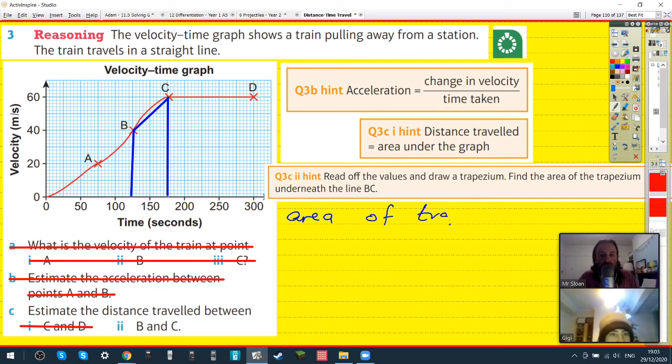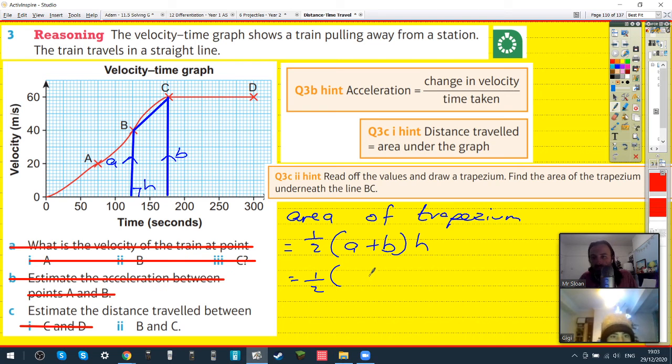It's a trapezium. Or would you find the area of the triangle and then the rectangle? You could. A more direct way is that A and B are the two parallel sides and the height is the perpendicular height. So what's A, what's B, what's H?